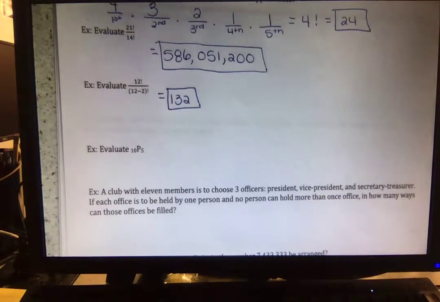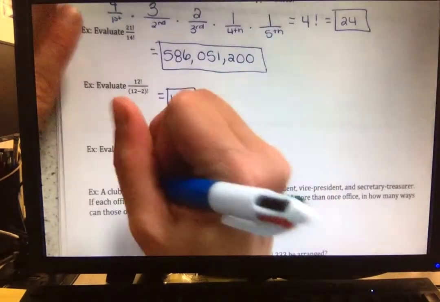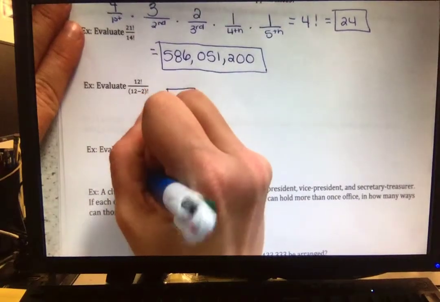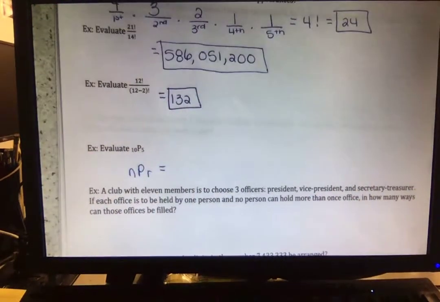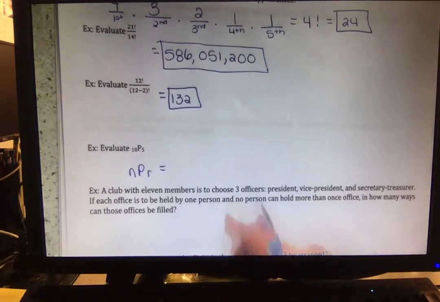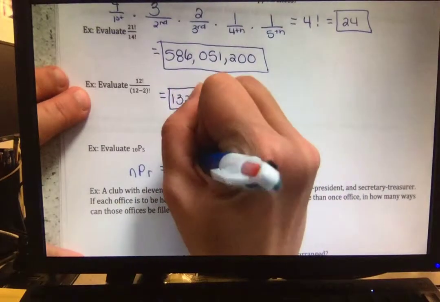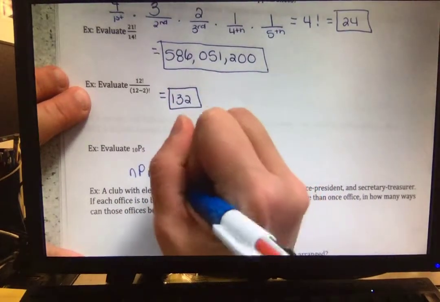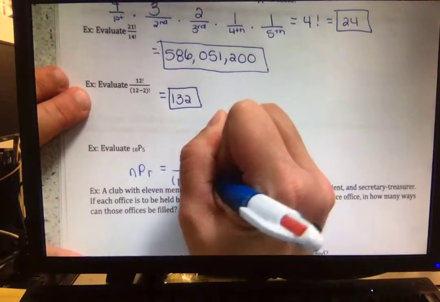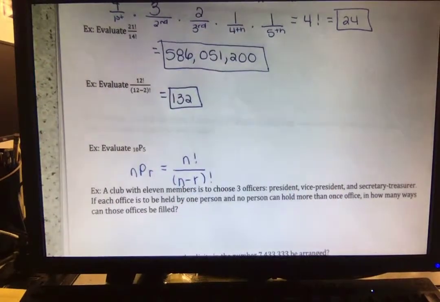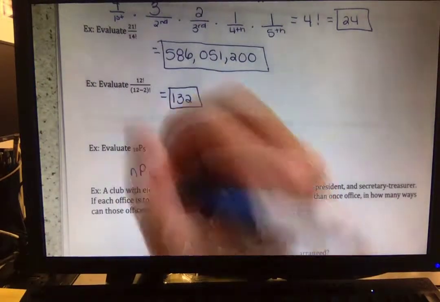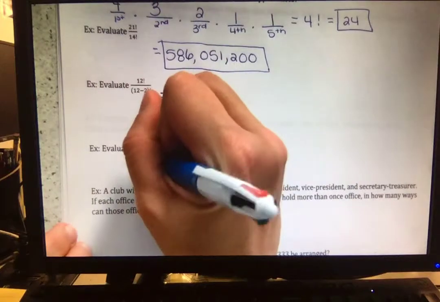So in our formula, we have n items, we're choosing r of them. That tells me n is 10, r is 5.